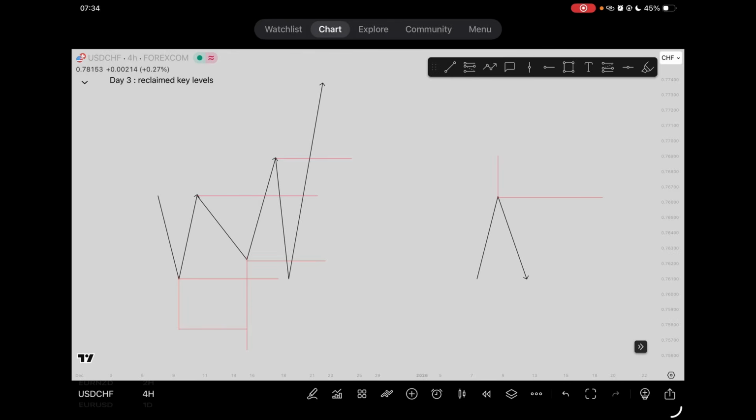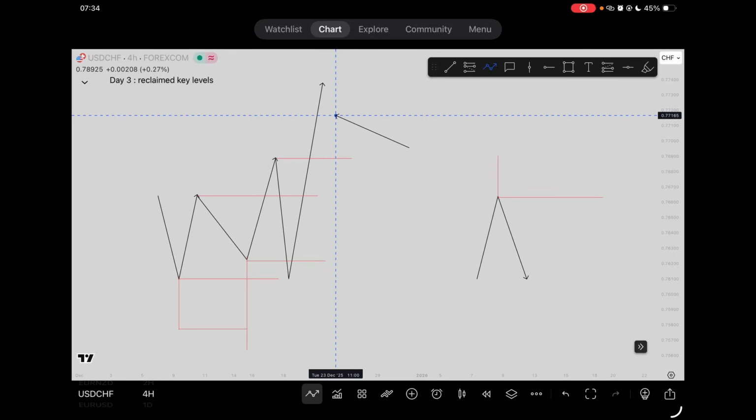Why? If you guys are familiar with liquidity, you will know that price swept this low not for any reason, but to take out people that were buying from here. There are still orders here. Do you get? There are still orders here. So it coming back to this place is to rebalance everything before going up. Do you understand?